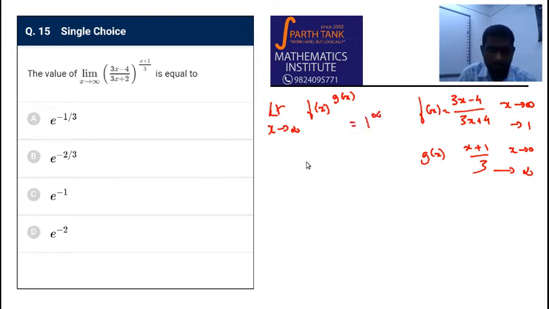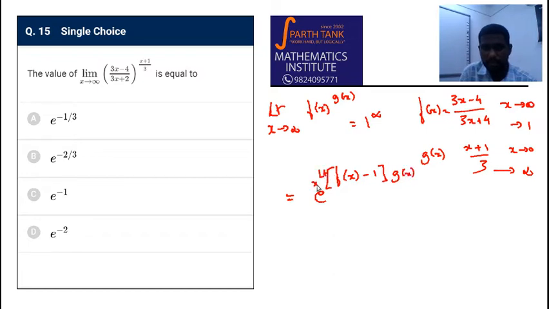Now there are several ways to do this. You do the L'Hospital's rule. You first change the question to x tends to 0, bring it into an L'Hospital's rule form, and then using that solve the problem. Or there's also the other technique. Such limits of 1 to infinity are equal to e to the power limit x tends to infinity of f of x minus 1 times g of x.